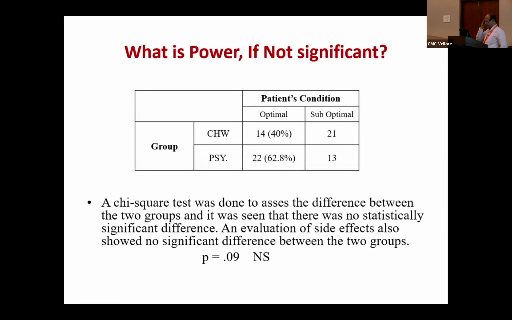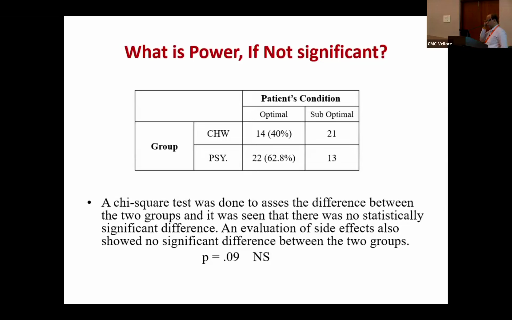The government wanted to know whether we can train community health workers who could treat psychiatric morbidities, because it's very difficult to get psychiatrists to work in the community, in rural areas. They are already very rare, and asking them to go to the community is very difficult.